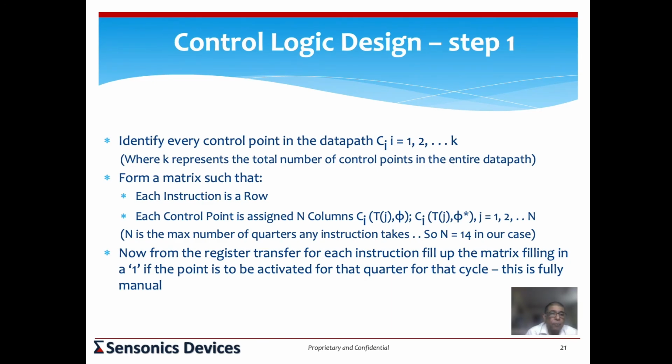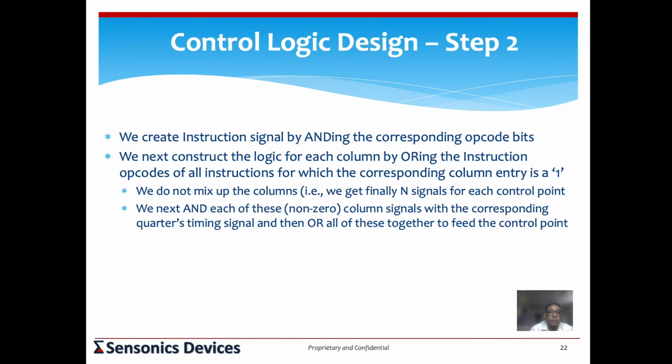Let's see how. We do it in two more steps. The first thing we do is create something which we call the instruction signal. The instruction signal is the output of an AND gate, and there'll be as many AND gates of 5 or 7 bits, depending on how you structure it. 7 bits, let's say.